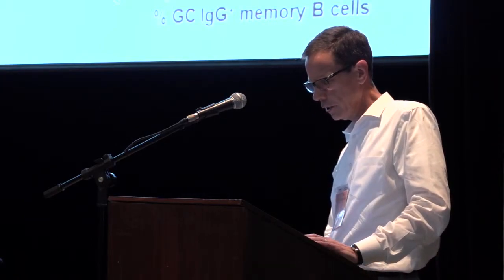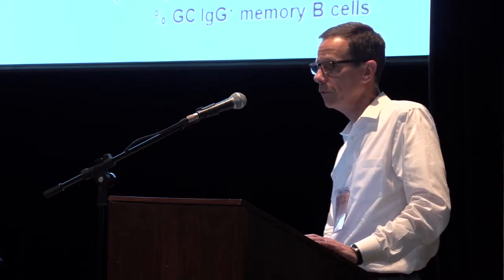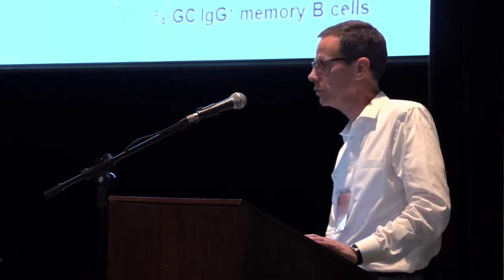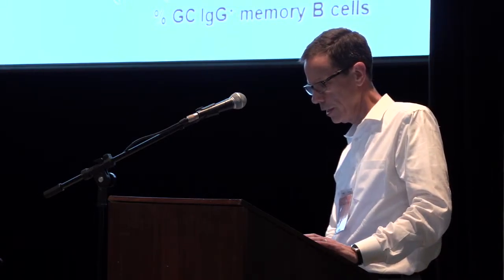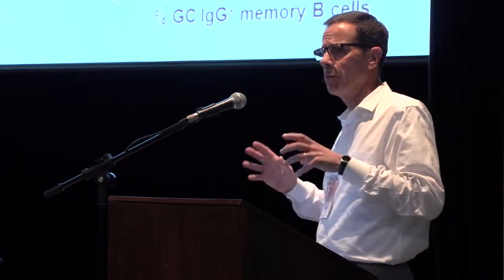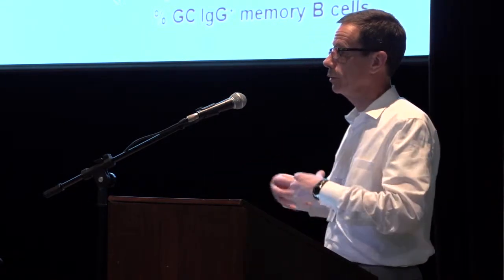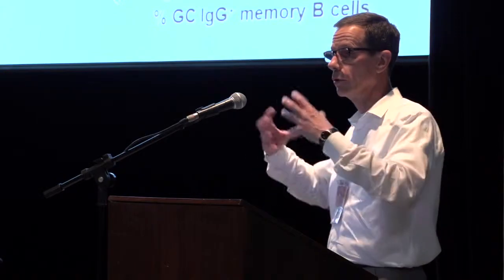And sure enough, what you can see is if you compare accumulation of T follicular helper cells in these monkeys with the total IgG memory B cell population in the lymph node, there's a very nice correlation. And you can do the same thing for the germinal center T follicular helper cells and the germinal center IgG positive B cells. And this is a common theme, that if you get T follicular helper cells, you're going to have B cells. They go together.